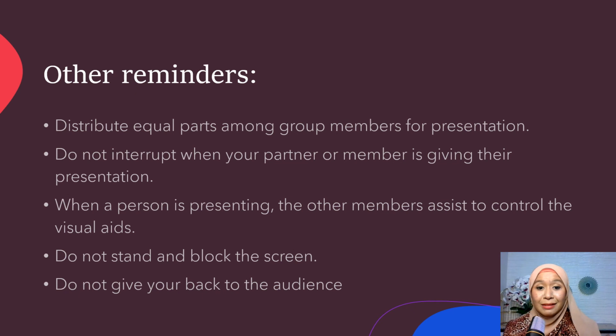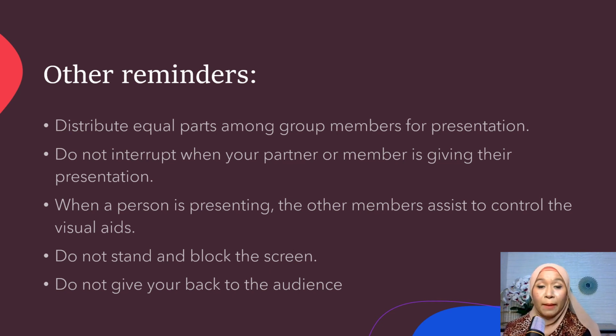Next, do not interrupt when your partner or member is giving their presentation. If your partner is talking about his or her point, then you need to be quiet and listen, unless they are stuck.